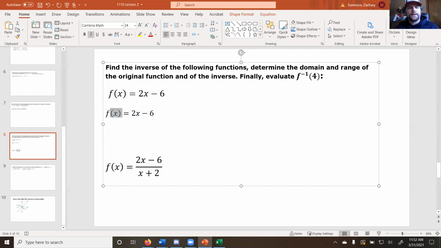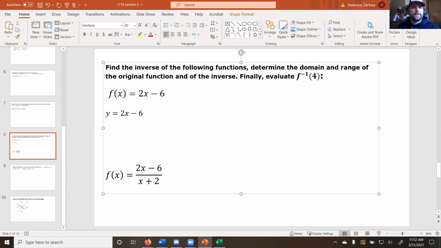The process is, okay, I have this function, I'm going to replace f of x with y. It's kind of arbitrary, truth be told, you can leave it as f of x, it's just hard to keep the algebra straight. So first step, I take f of x and make it y. Next step, I flip my x and my y.